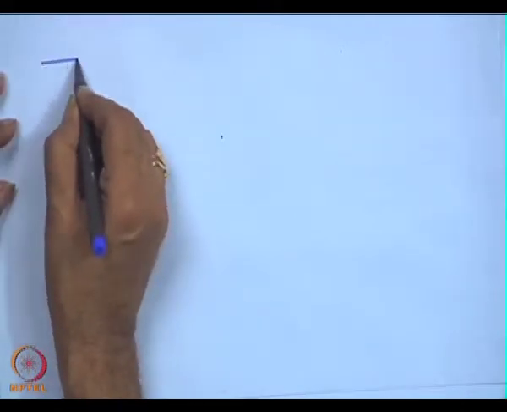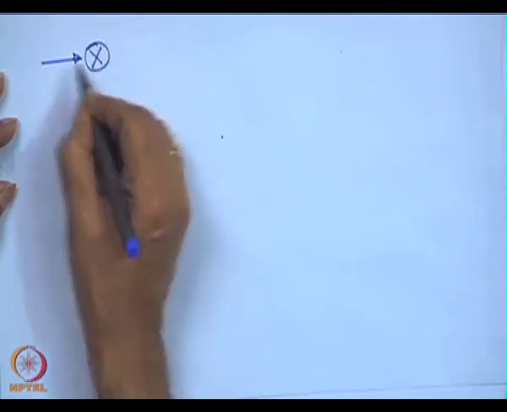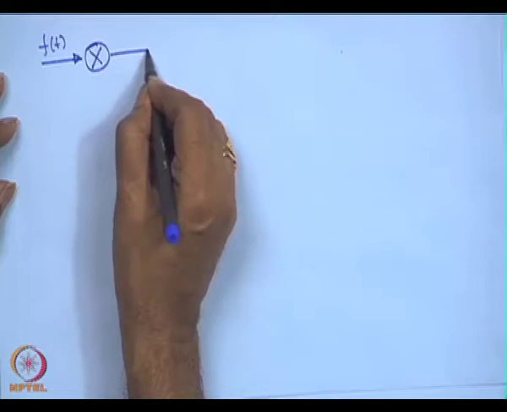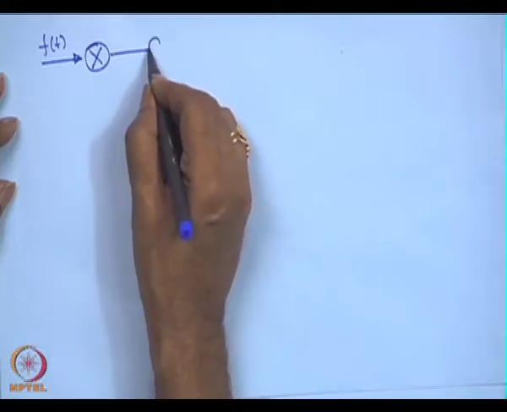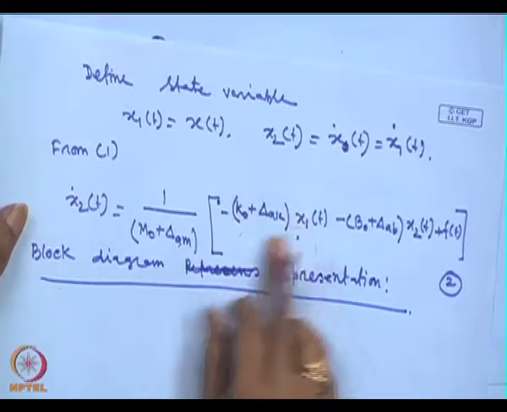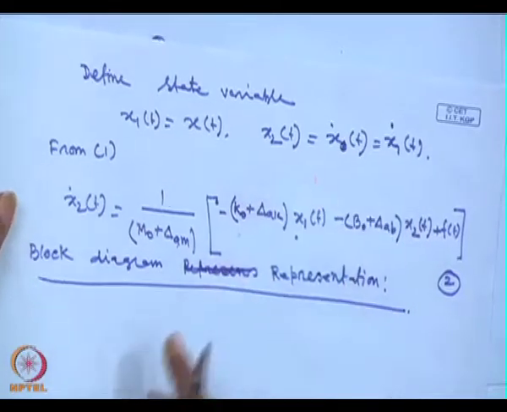If you do the block diagram representation, our input is f of t. I am just drawing from this equation. There are two states, x 1 and x 2.